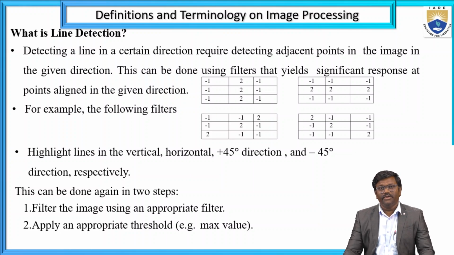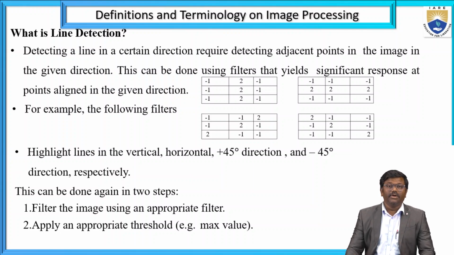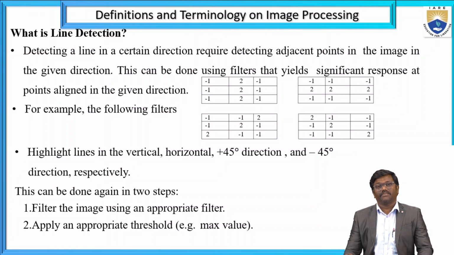The following filters, which we define in terms of matrices, highlight lines in the vertical and horizontal directions, 45 degrees in the positive direction, and 45 degrees in the negative direction respectively.